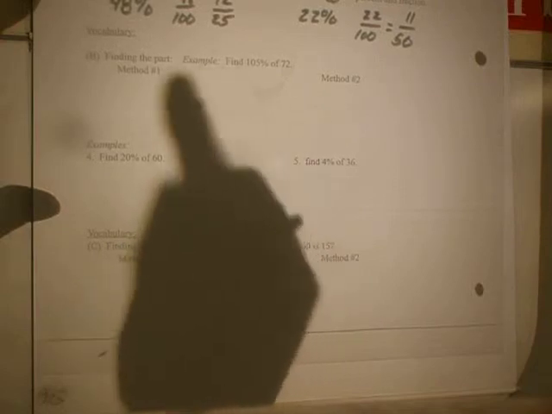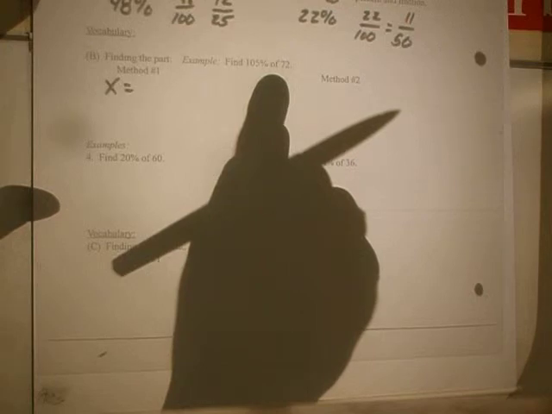The first thing you can do is just translate this English sentence into a mathematical equation. Find is an unknown. It's something we're trying to find, so we're going to call that X. And we want 105% of 72. The word of in English translates into math as a multiply.